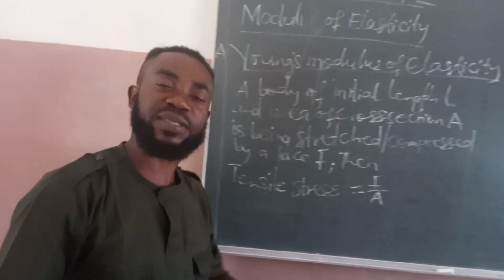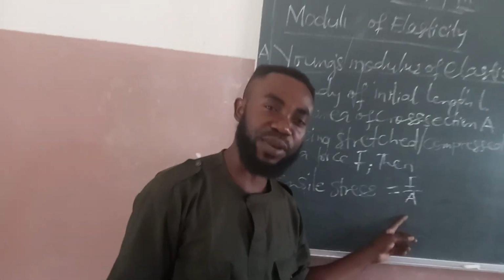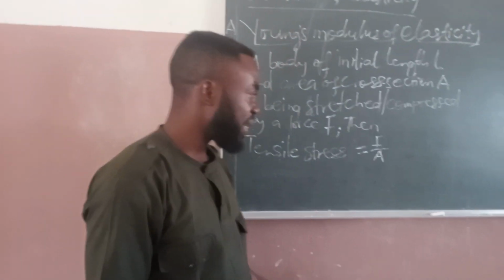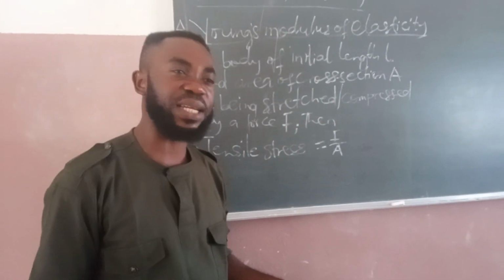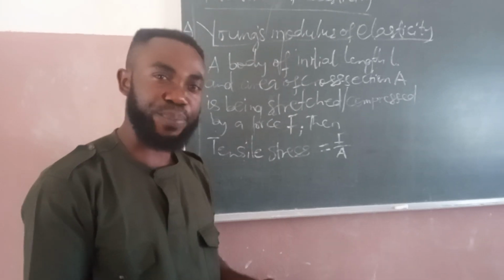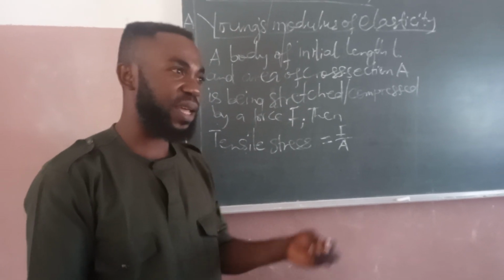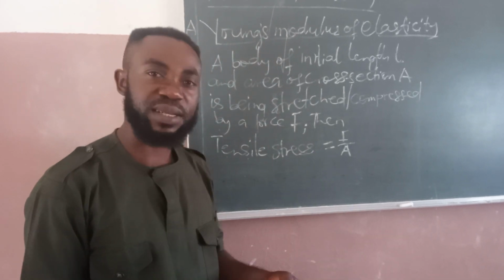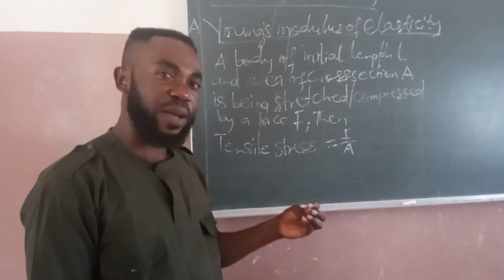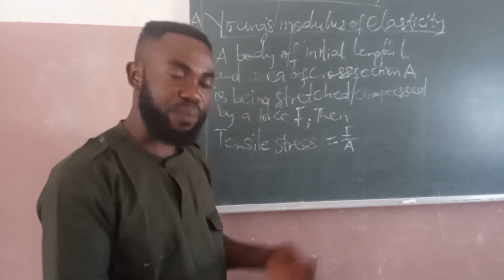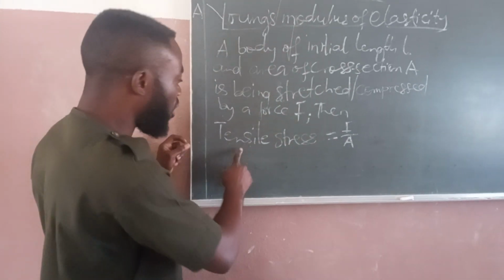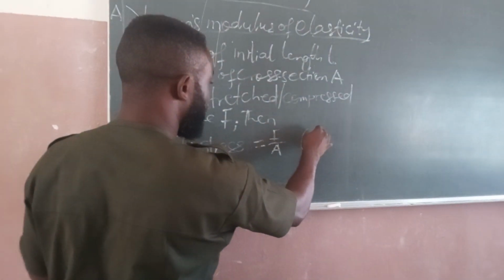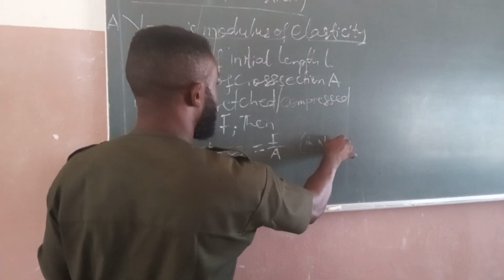That's the tensile stress: force per unit area, otherwise known as pressure. It is the stress applied to a material either to stretch it or to compress it. Of course, rods used in buildings are under compressive stresses. So the pressure there can be stretching or compressing. And the pressure or stress is given by force over area, in the unit of Newton per meter squared.